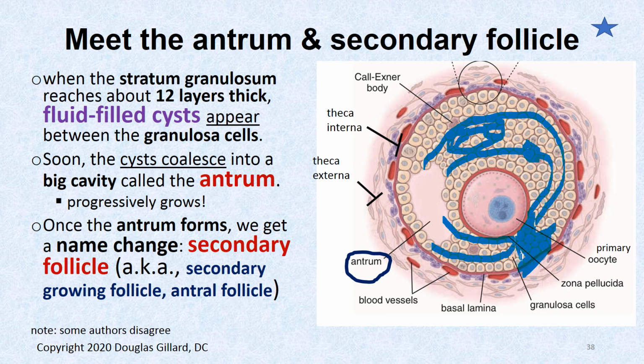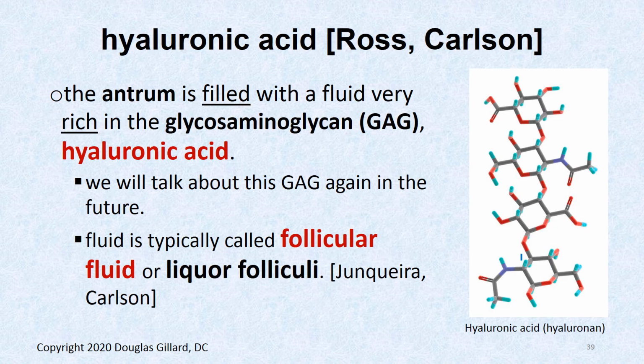So we're going to get a stalk right here in a second. Getting ahead of my slides. That antrum is filled with a fluid and a lot of hyaluronic acid, which is a glycosaminoglycan, which we'll talk about in spinal anatomy. And the fluid is typically called follicular fluid or liquor folliculi.